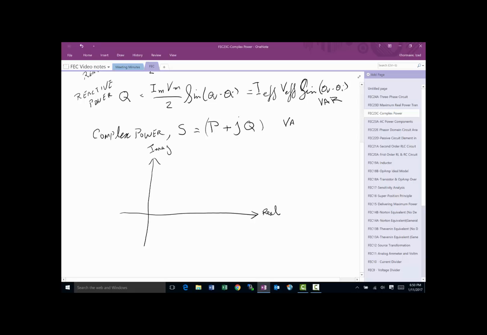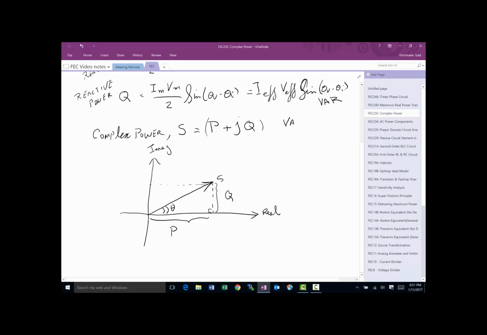Then the S would be the vector S, or the complex number S. If we draw a perpendicular line to this axis, this portion is Q, the imaginary or reactive part, and this piece would be P. And then we have the theta.